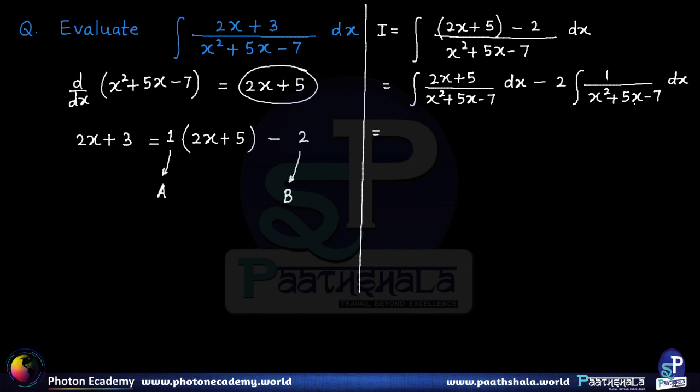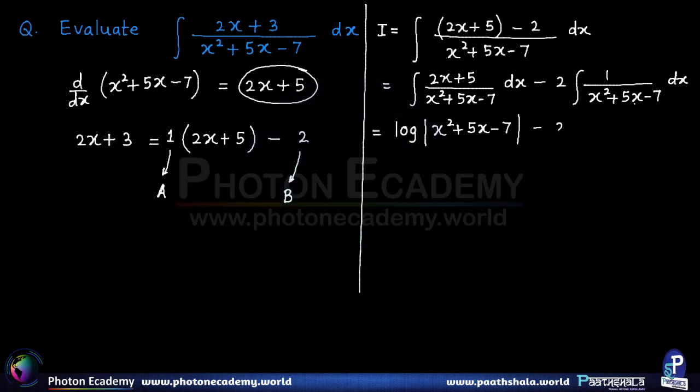Now we know that the first integral is the log of the denominator, that is log of x square plus 5x minus 7, minus 2 times the second integral. Now we have to solve this particular second integral by completing the square. So just for the sake of simplicity, let's call it I1 and solve it separately.